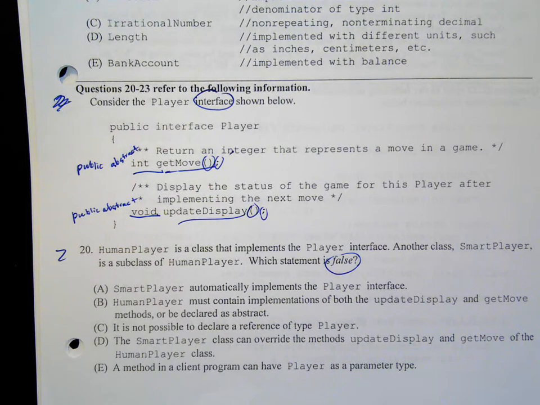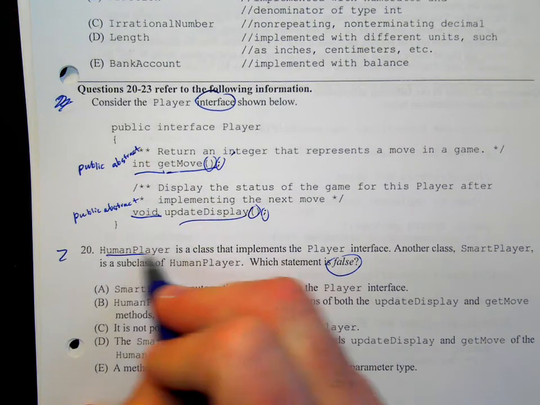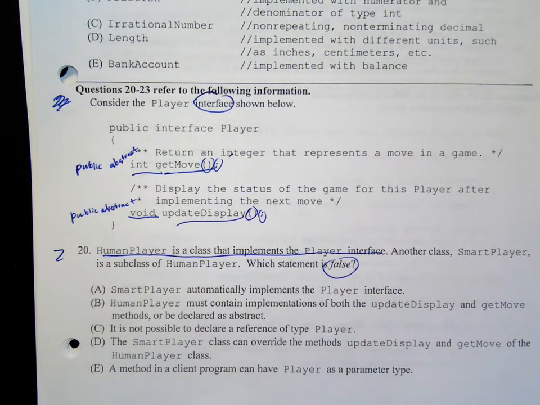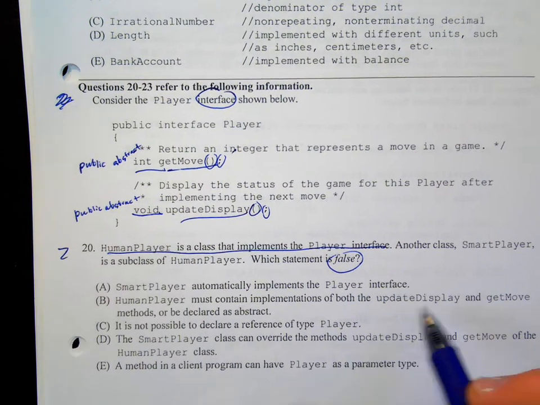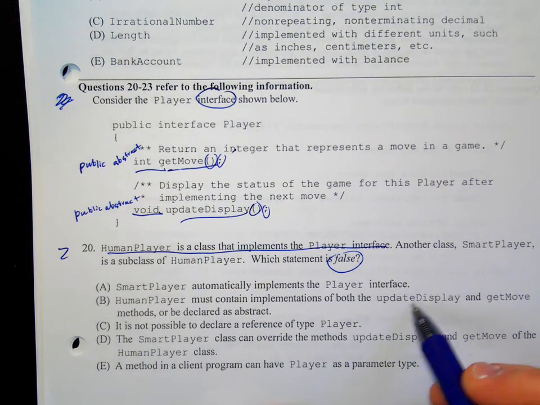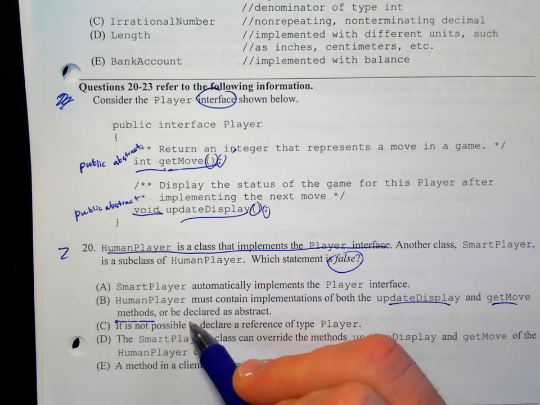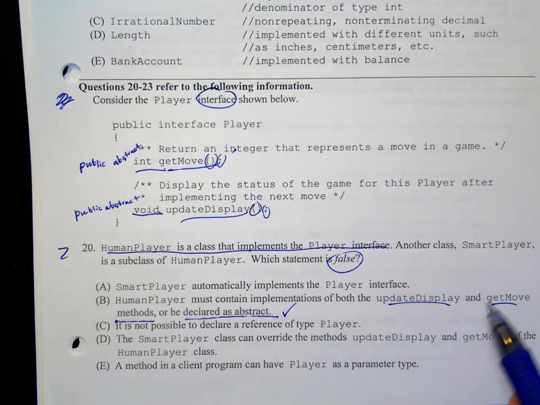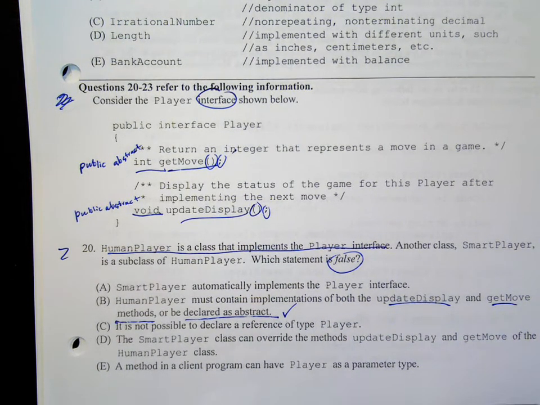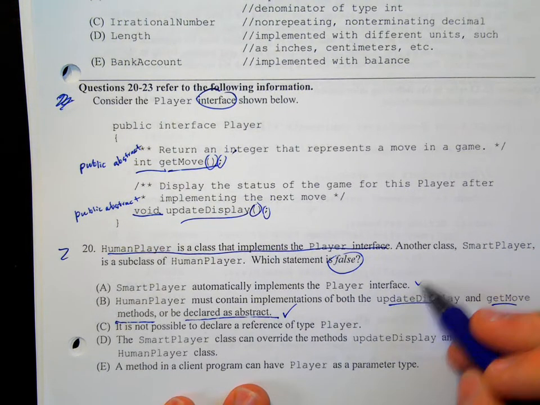Yeah, it inherits it from HumanPlayer, right? HumanPlayer implements it, so HumanPlayer must contain implementations for both the updateDisplay and getMove methods, or be declared as abstract. True. So HumanPlayer is going to take care of this, and SmartPlayer is going to inherit those automatically, right?